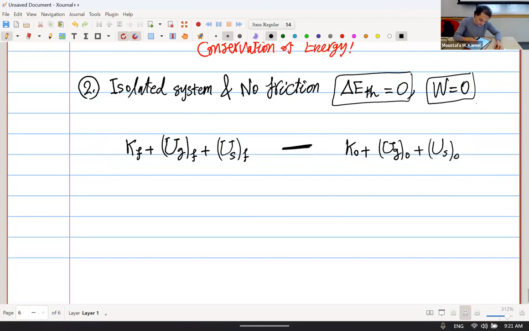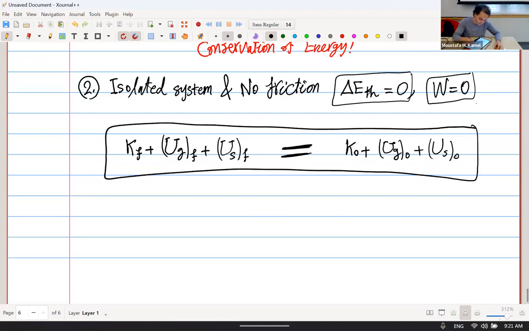So with a big equal sign, this is conservation of mechanical energy, and this is the most common equation for conservation, because most of the time we don't put friction into conservation problems. So this is the common equation.